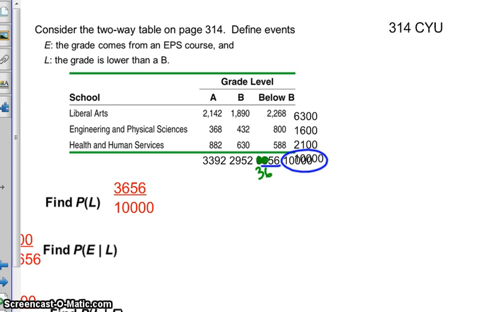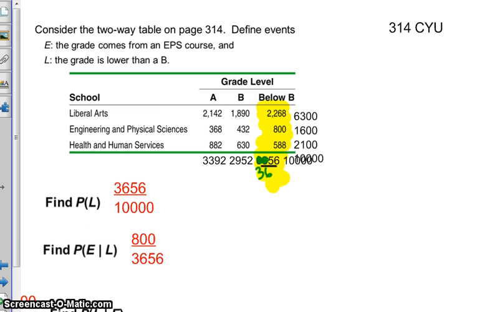Now, the second one. Find the probability of E, that the grade comes from an EPS course, given the grade was less than a B. What that does is that now I'm only looking at the people who scored below a B. So out of those 3656, how many of them come from an engineering physical science class?